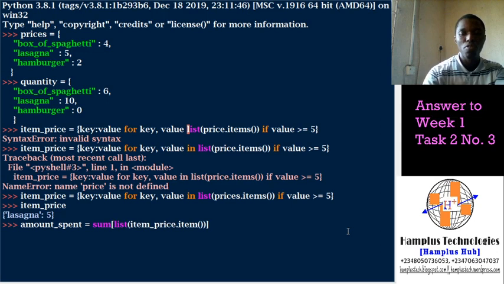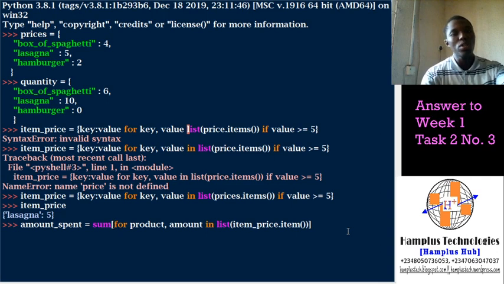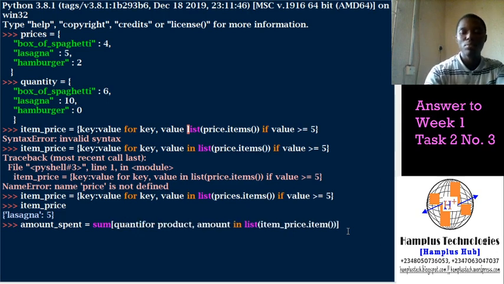So I'll do for product, amount in this. What do I need? Using the quantity dictionary, I'll look up the product so that I get the quantity.